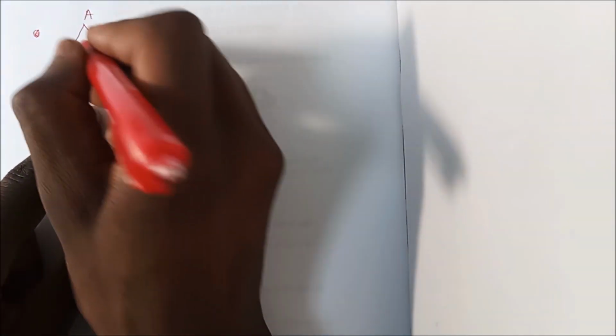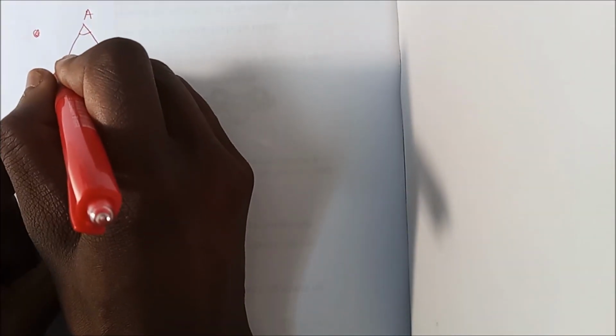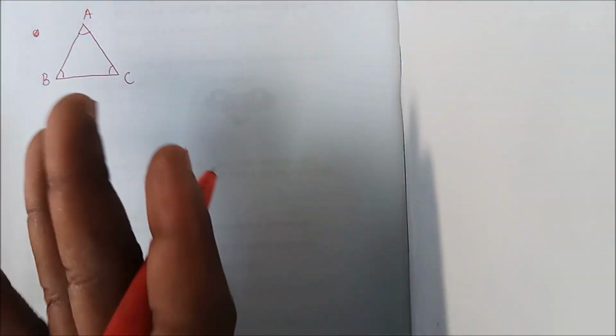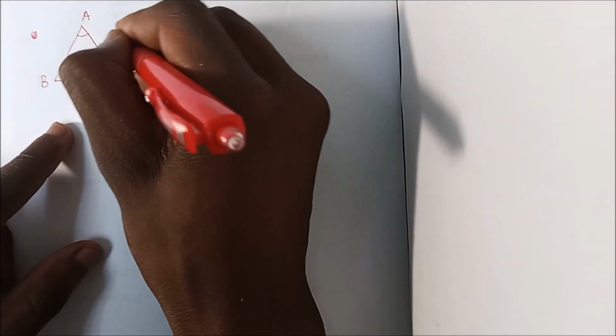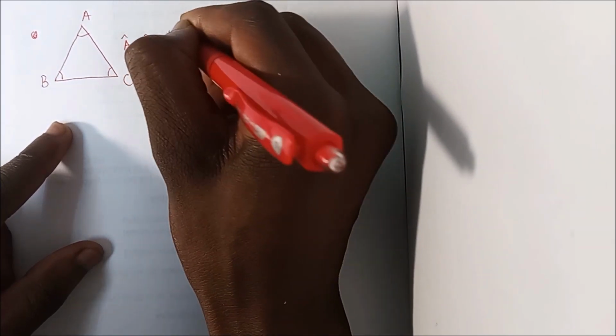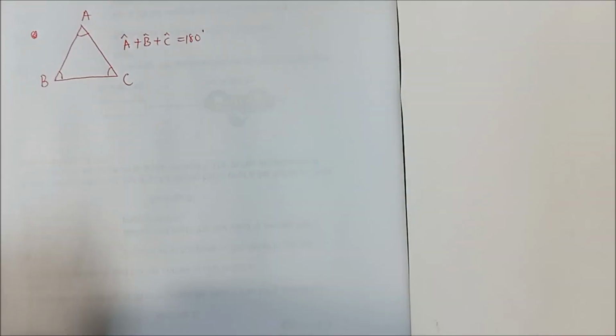Now, if someone comes and says, take 5 million, tell me anything that you know about this triangle, are you going to lose that 5 million? Never. What you will say is angle A plus angle B plus angle C equals 180 degrees. And then you get your money. So angle A plus angle B plus angle C equals 180 degrees.